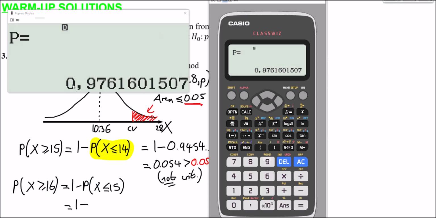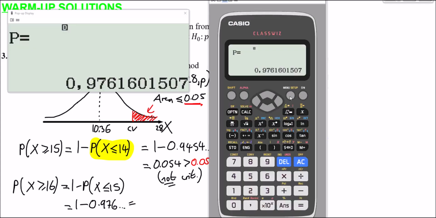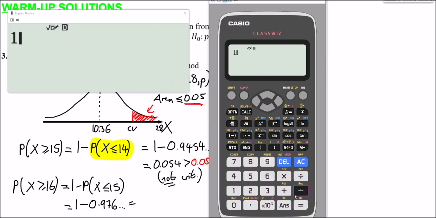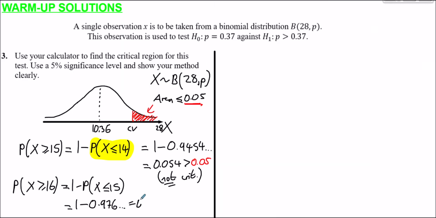So it's 1 minus 0.976-ish. And if we go back to normal mode, 1 minus that, you see it's about 2.3%, 0.0238. And that is now under 0.05.